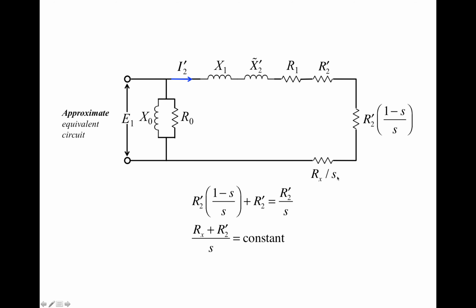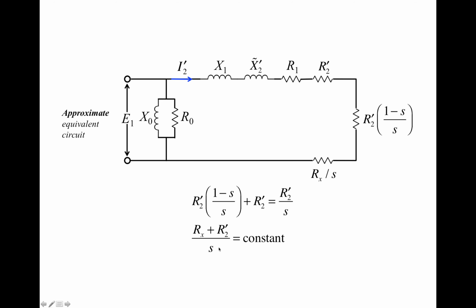As the absolute value of the slip increases, as the rotor rotates faster and faster, this external resistance Rx can be increased proportionally, such that the total rotor side resistance is not R2 prime divided by S anymore. It's R2 prime plus Rx, divided by S, if you connect this external resistor to the rotor.